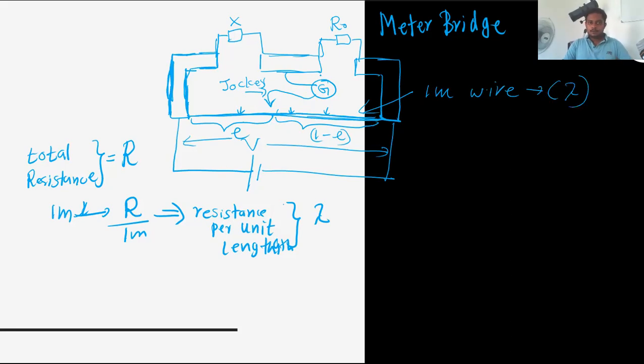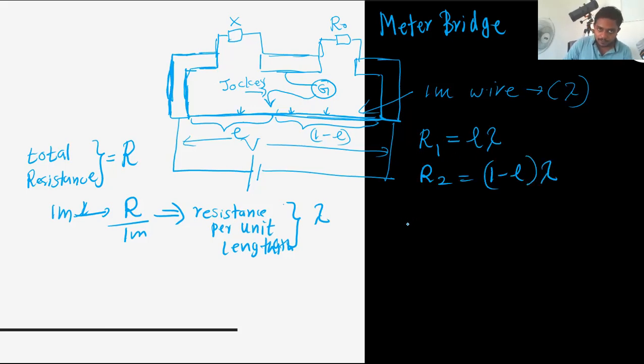So if we have length L, the resistance of that part, which I am writing as R1, is equal to L lambda. The resistance of this other part, R2, is 1 minus L times lambda.